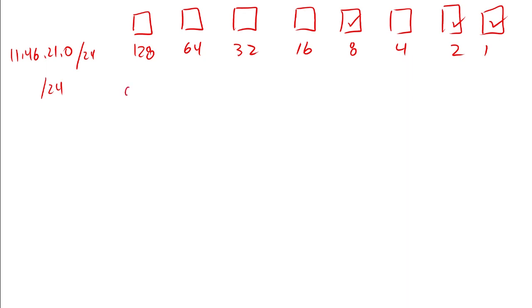So we go 0, 0, 0, 0, 1, 0, 1, 1.46, which is 0, 0, 1, 0, 1, 1, wait, 32, 0, 40, 0.